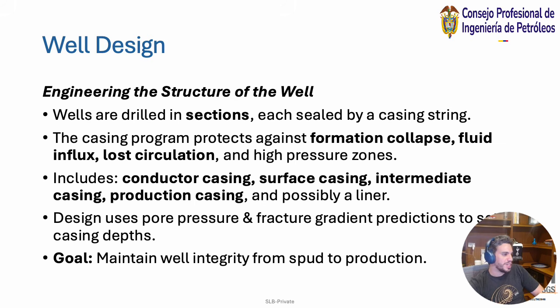Basically, the goal of this well design is to maintain the well integrity from spud to production. And what does that mean? When we say well integrity, it's kind of like saying data integrity. We're trying to say the stability of that well from spud to production.